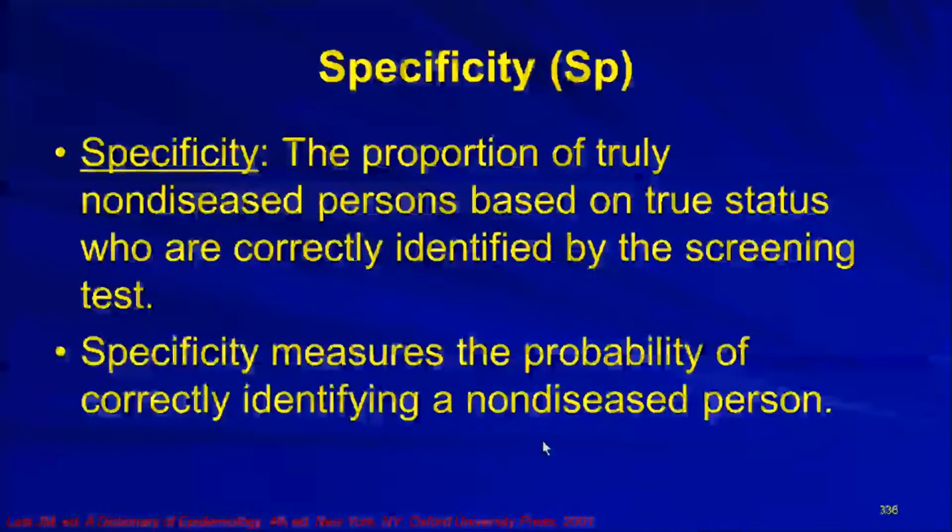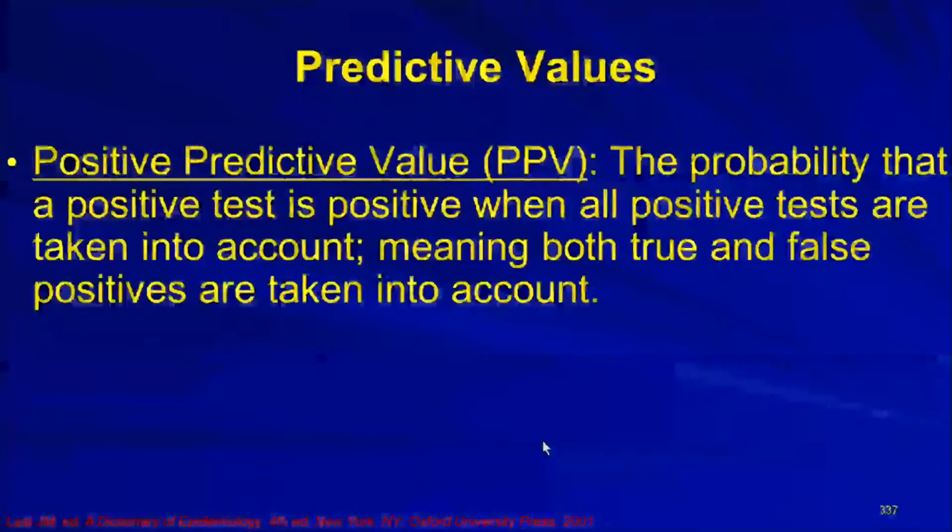I've talked about this, and I think you're beginning to get the idea of what a screening test does, when to use it, and what we're seeking from it. Now, predictive values. We have positive predictive value and negative predictive value. This is the probability that the screening test is positive when all positive tests are taken into account.